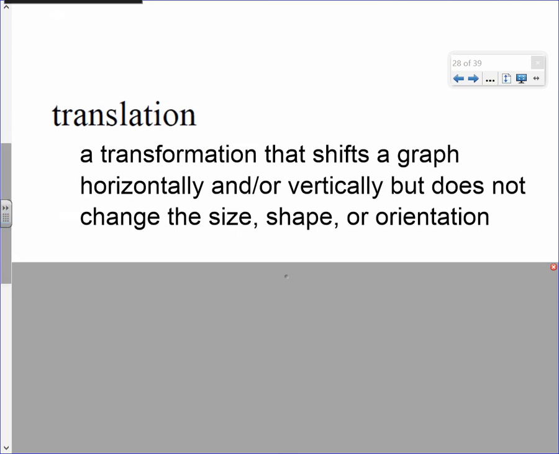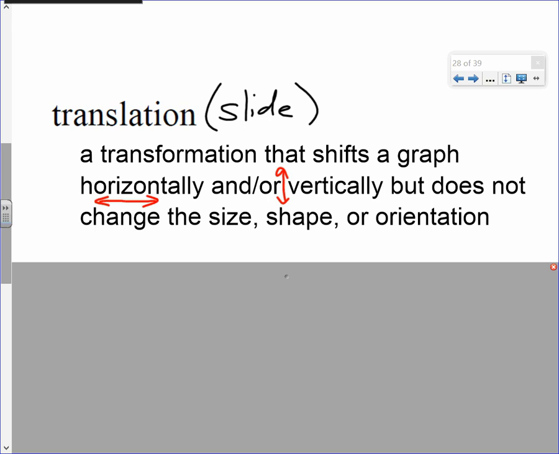A transformation that shifts a graph horizontally. If you forget horizontally, put a left or right arrow. And or vertically, put an up and down arrow. But does not change the size, shape, or orientation. So it's a translation, that's the fancy word for a common word, slide. You might want to put that in parentheses, just so you remember. Translation, this is a fancy word for a slide. If you slide the parabola somewhere, you can slide it up and down or left or right.